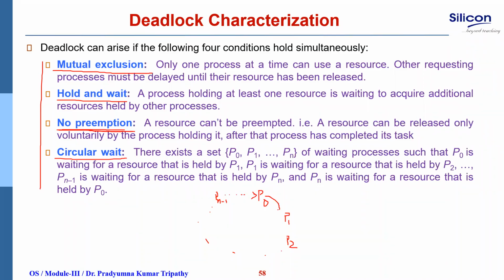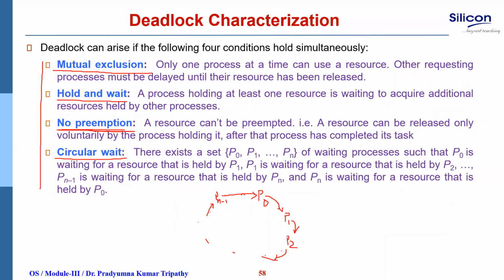So P0 is holding some resource and waiting for P1, P1 is holding some resource and waiting for P2, and like that Pn minus 1 is holding some resource and waiting for P0. So this is a circular wait. A circular wait must occur.